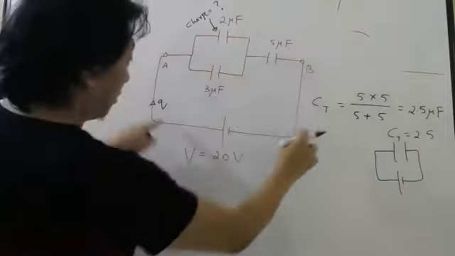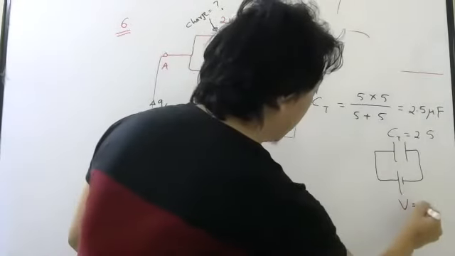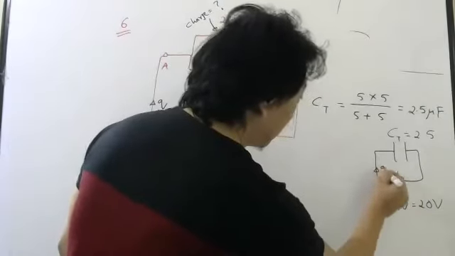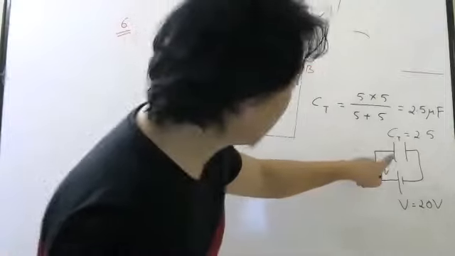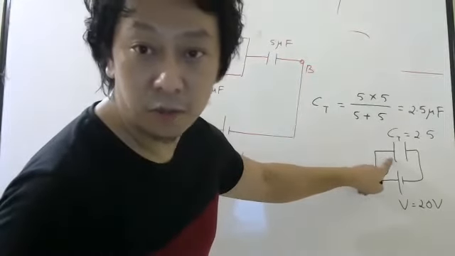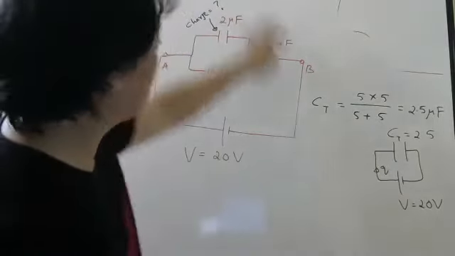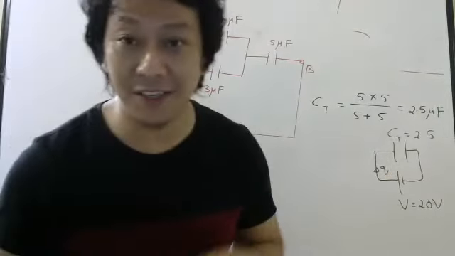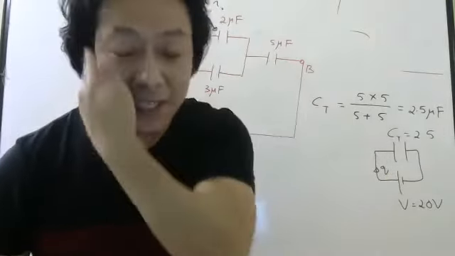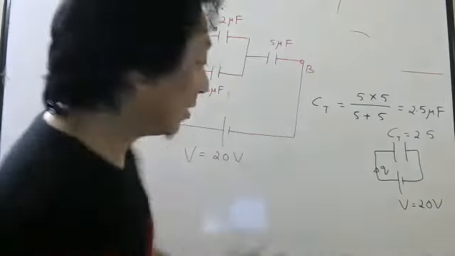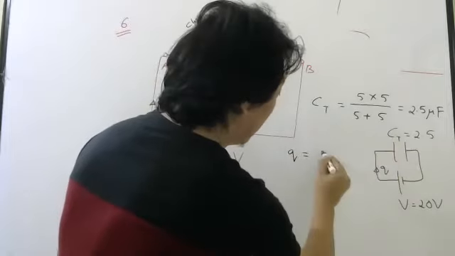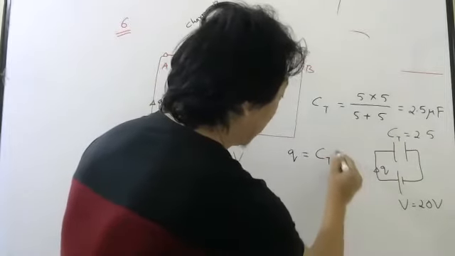And how much voltage was applied? 20 volt. Correct or not? So I want this charge which is coming from the battery. Since I have found a single capacitor which can replace these 3 capacitors, now here I can apply my formula of capacitor. What is the formula for capacitor? Q equal to CV. So for this capacitance I can write Q equal to C into applied voltage.